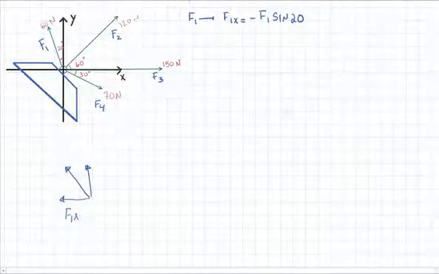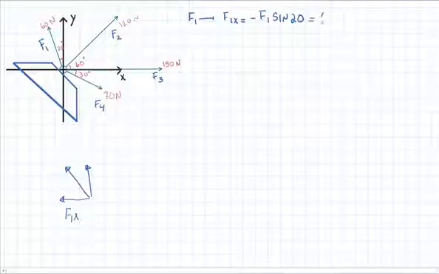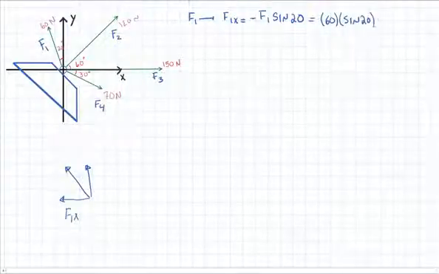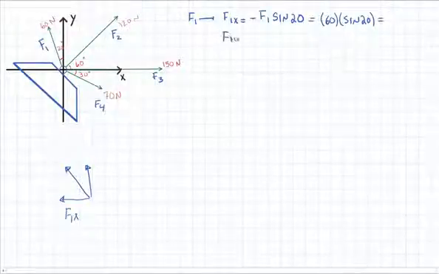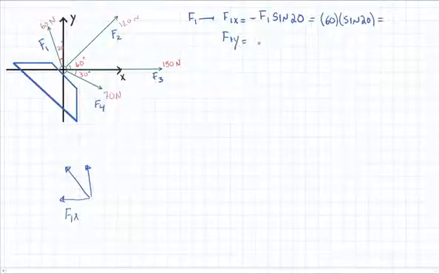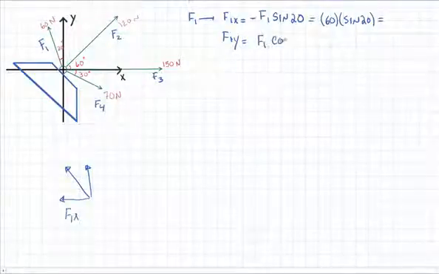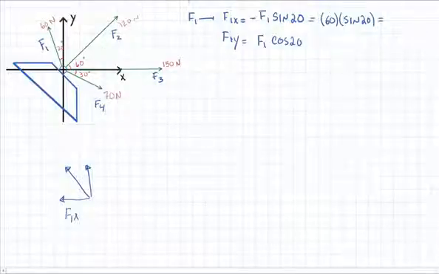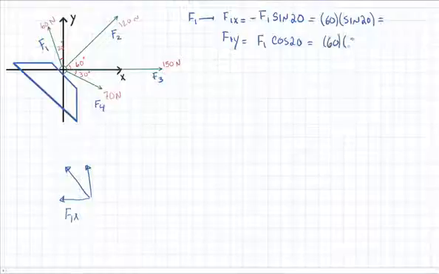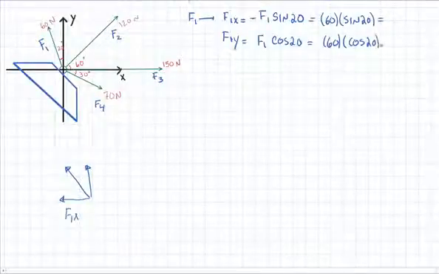So I'll add a negative over here, and the magnitude of this is 60 newtons times sine of 20. I'll calculate that number later. F1y is positive, so it's F1 cosine of 20, and the magnitude of that is 60 times cosine of 20.